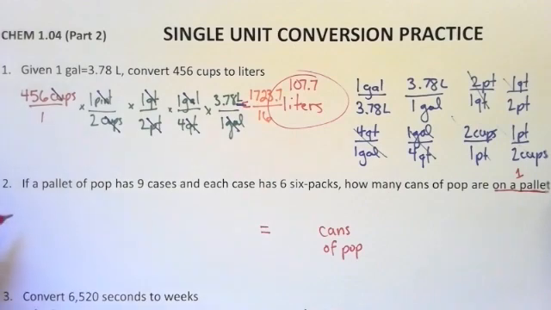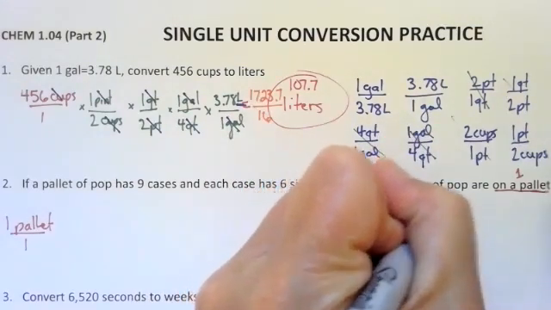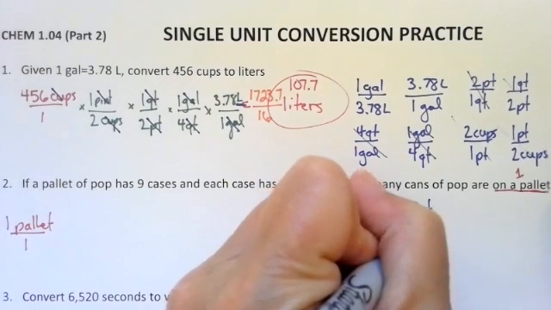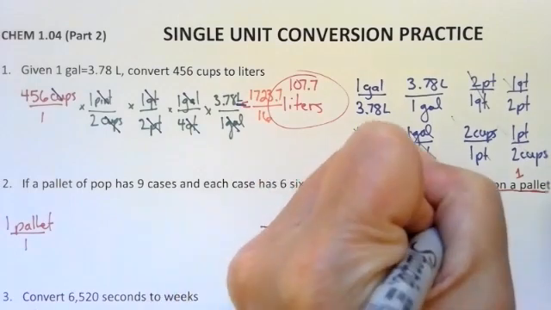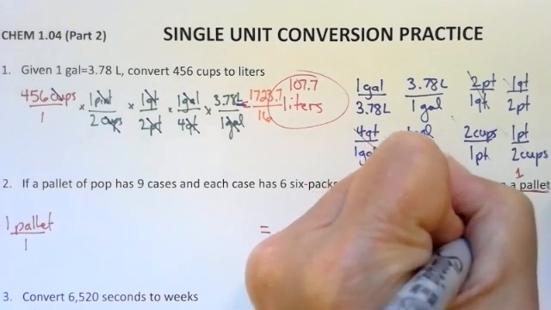So that means that over here, I'm going to start with 1 pallet, and I'm going to put that over 1. My conversion factors are then all found inside of the problem. So I've got 1 pallet has 9 cases, or 9 cases to 1 pallet.